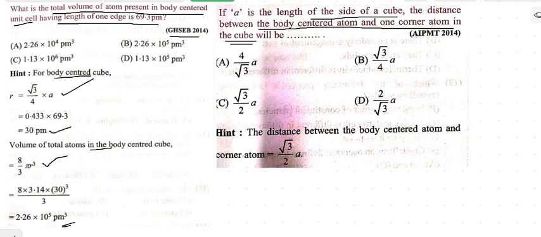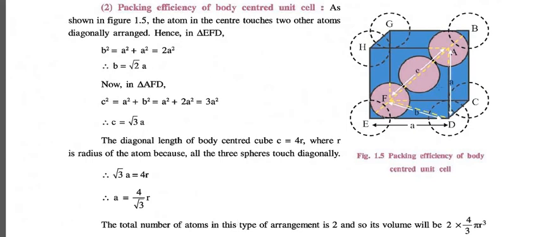So let me show you the packing efficiency, how we have calculated the packing efficiency. They are talking about this C atom, which is actually the body centered, and A atom, which is at one of the corners on the diagonal. Now if you take the internucleus distance between A and C, the internucleus distance would be what? 2r.